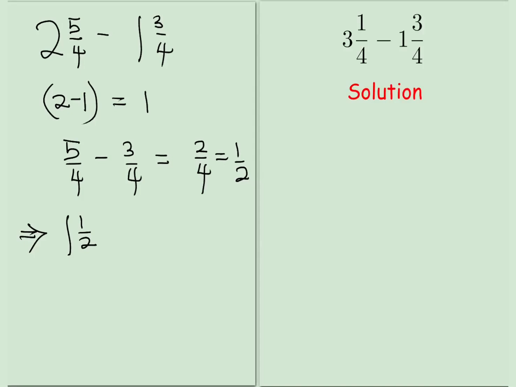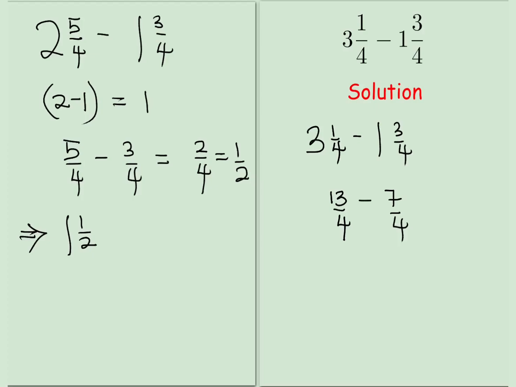Okay, so we have 3 whole number, 1/4, minus 1 whole number, 3/4. So we change this into improper fractions. 3 times 4 gives us a 12 plus 1. So we have 13/4 minus 1 times 4 gives us a 4 plus 3. We have 7/4.